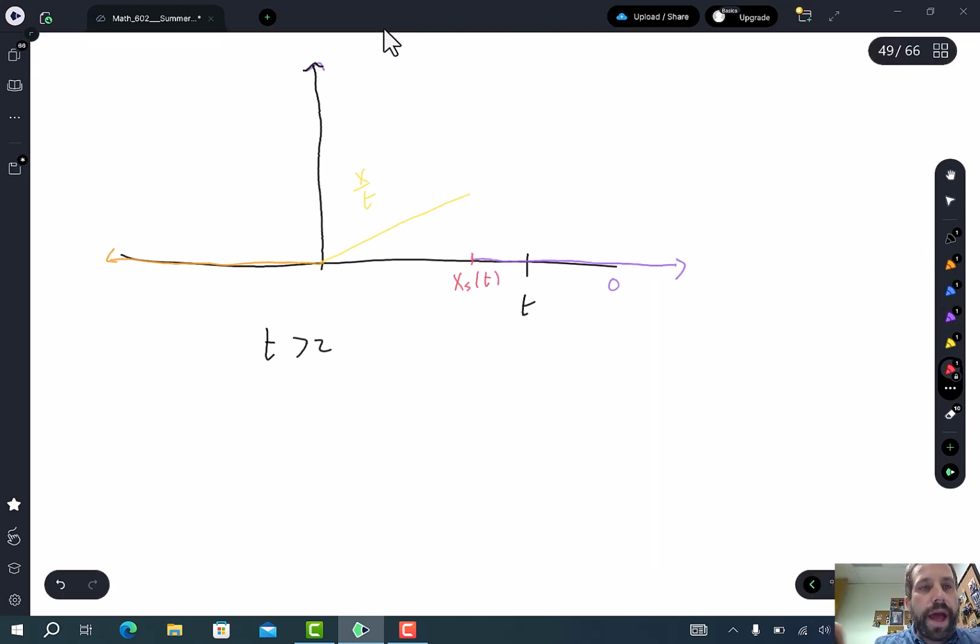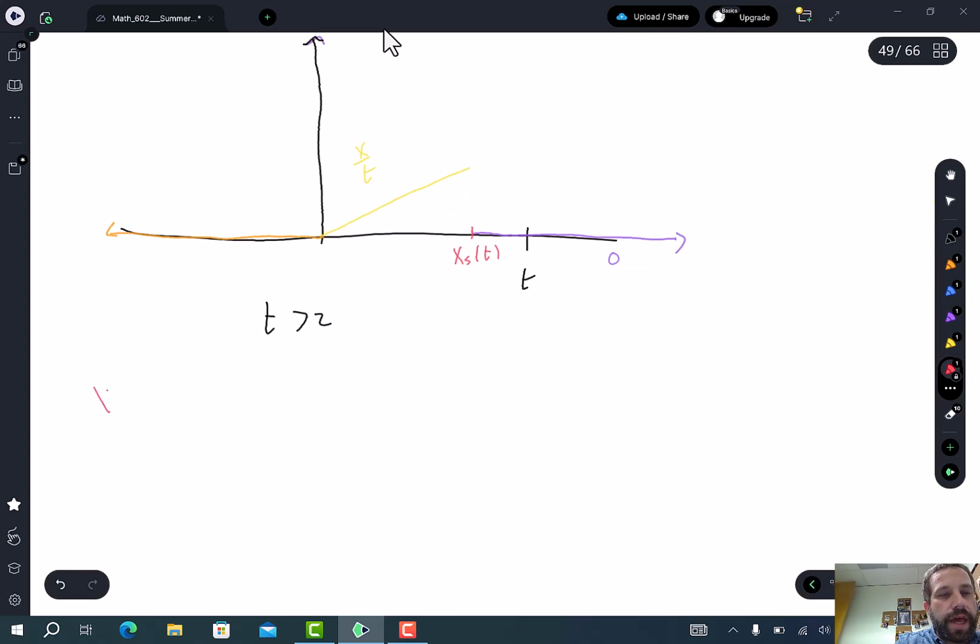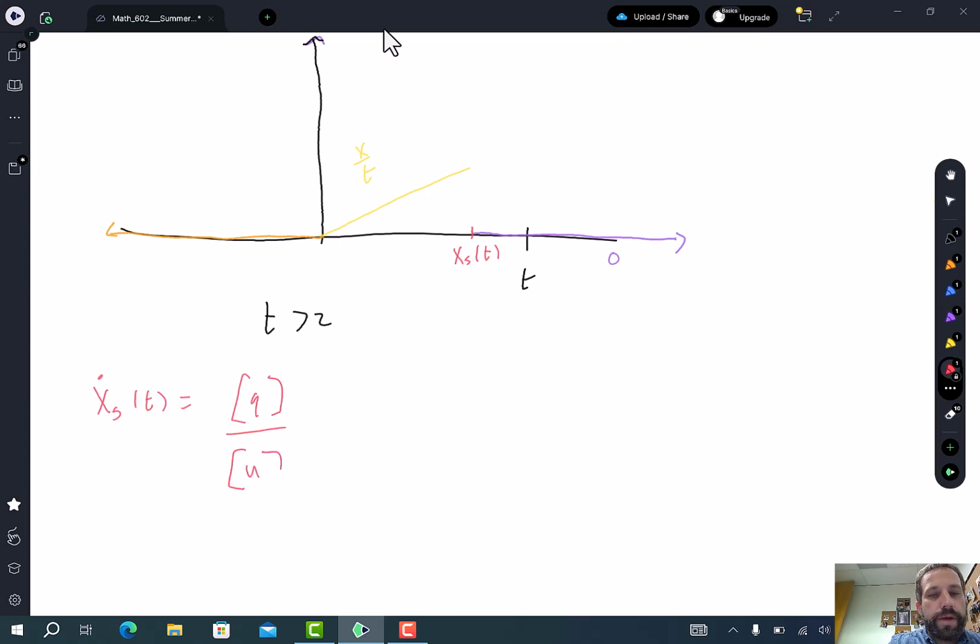Okay, and let's try to figure out what the shock location is, again, using the two different methods that we have. So one method is xs dot of t is equal to the jump in q over the jump in u. The value of the solution to the left of the shock is x over t, and the value to the right of the shock is 0.